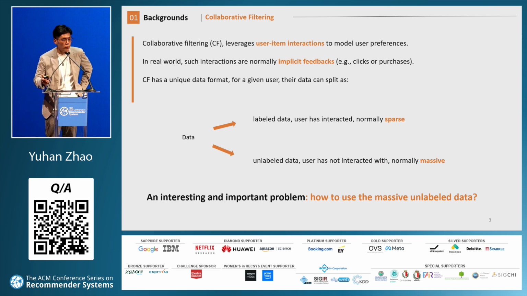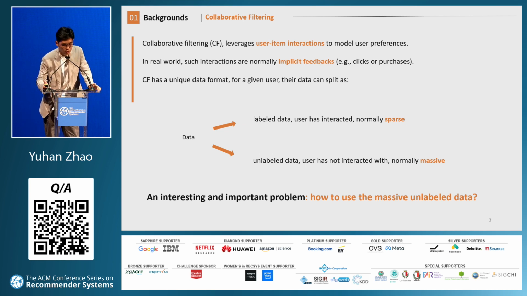So first, let's review some fundamental definitions. CF, collaborative filtering, leverages user item interactions to model user preference. In the real world, such interactions are normally implicit feedback. For example, a user clicks some items. So CF has a unique data format.